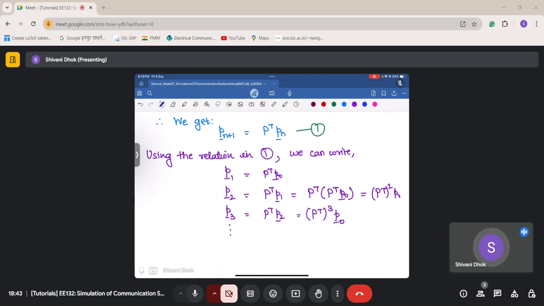If we generalize this, then pn plus 1 can be written as P transpose pn, which comes out to be P transpose to the power n plus 1 into P0. This is how we can write the n plus 1th state probabilities with the help of the initial priors and the probability transition matrix. Is it clear? Any questions?